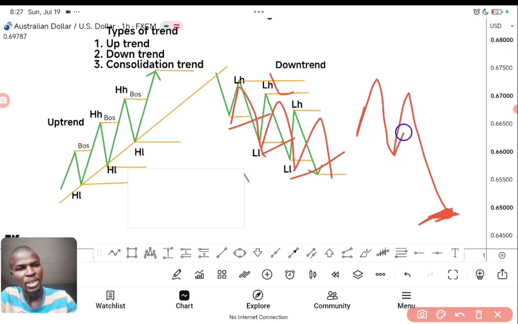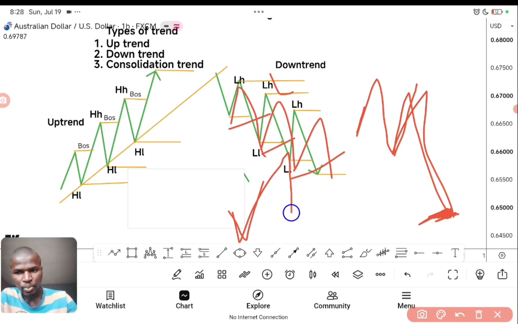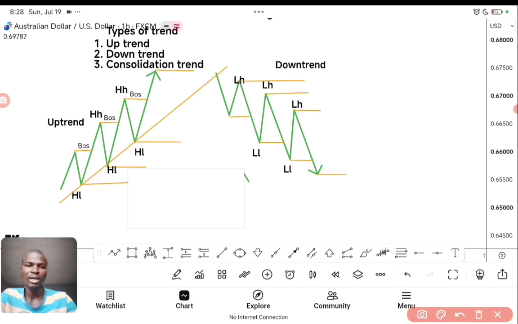This mini pullback is called retracement in a downtrend. In an uptrend, this aggressive break to the upside is called impulsive movement. This little pullback is called retracement, and another aggressive break to the upside is called impulsive movement. That's how it moves.